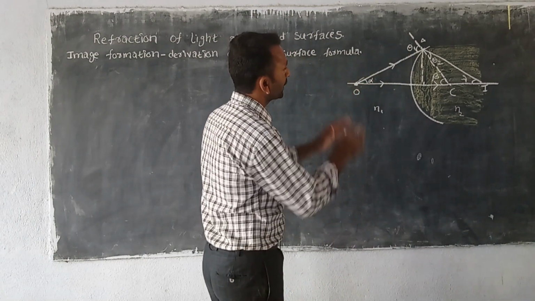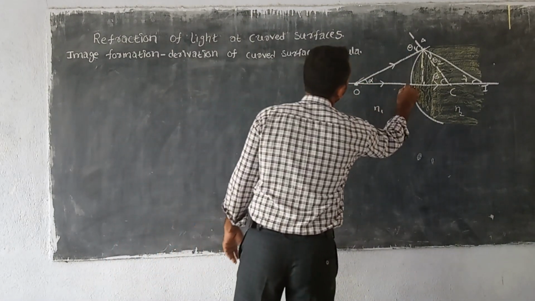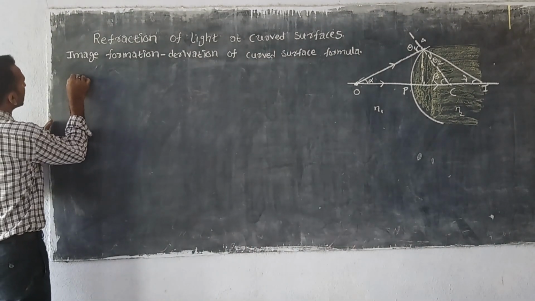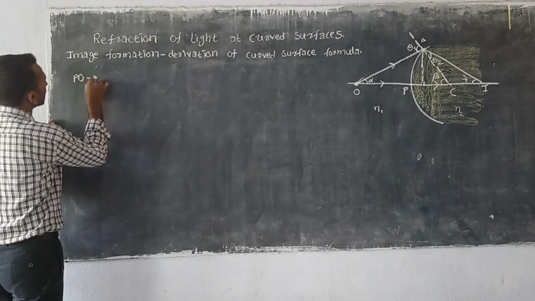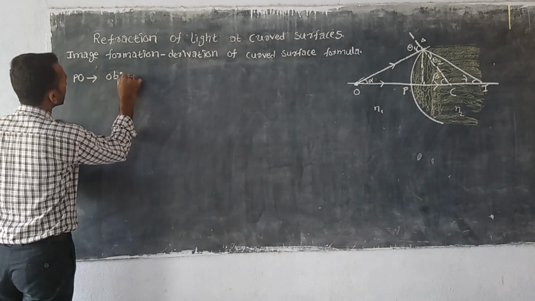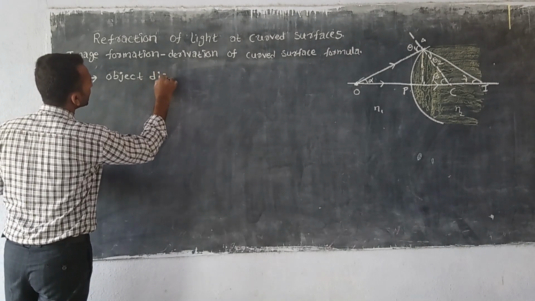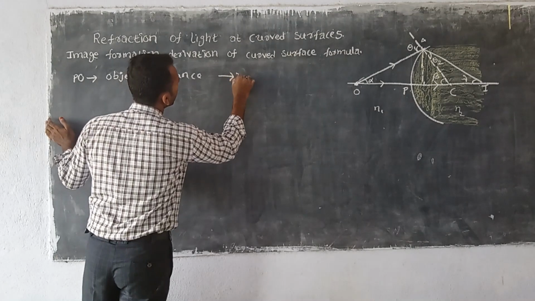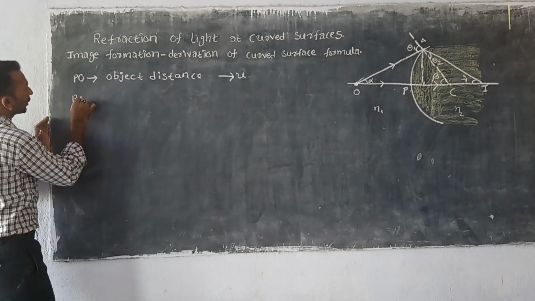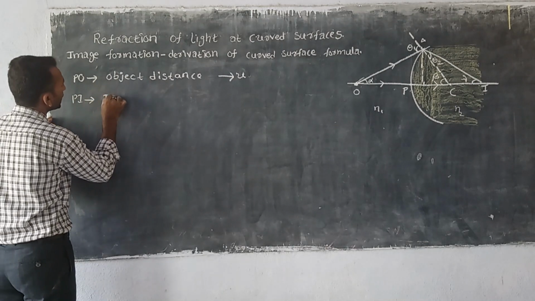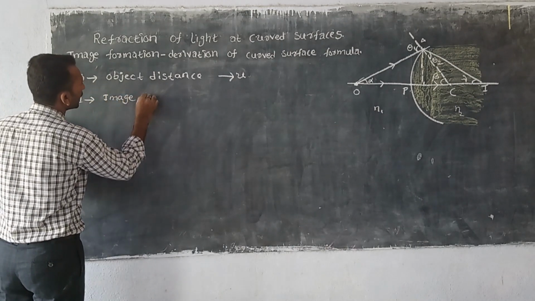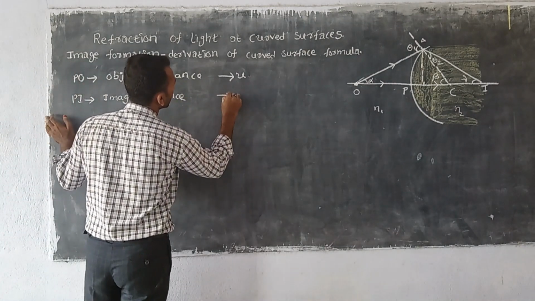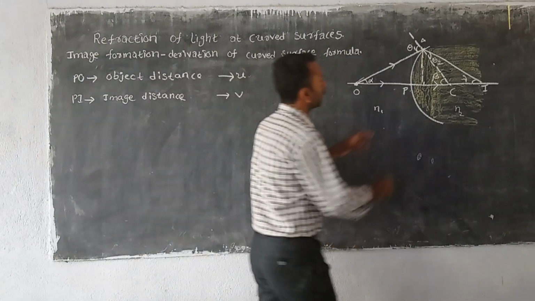Just write the terms there. This is the pole of the surface. First, the object distance is PO, which is indicated by U. PI is the image distance, and this is small v.